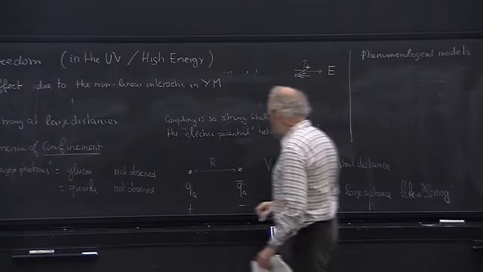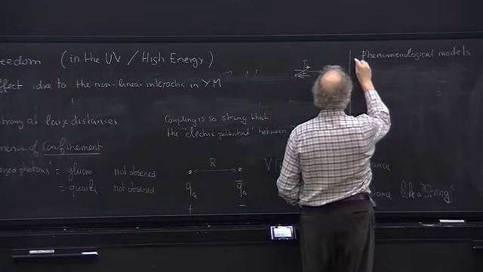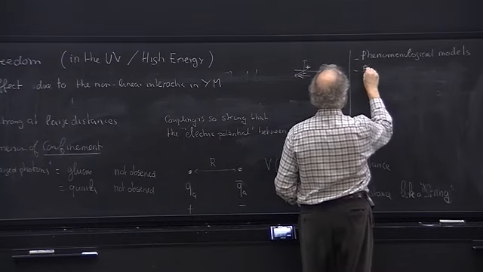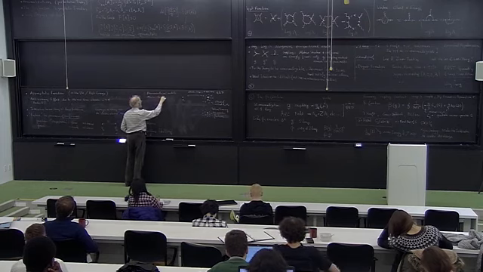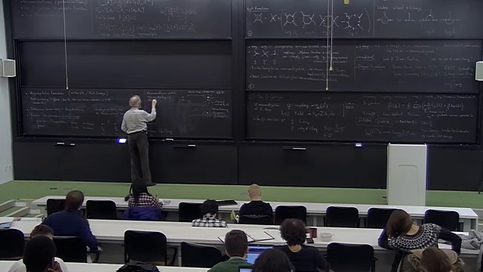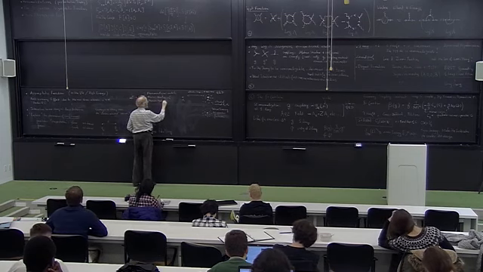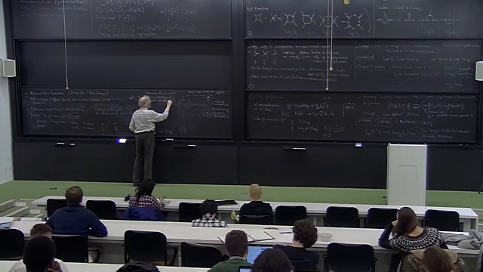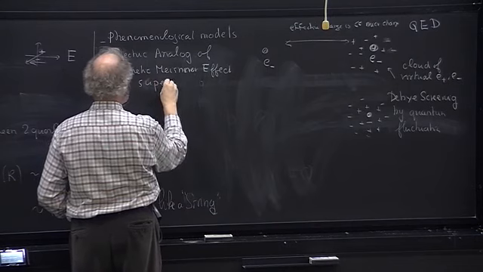For instance, you have a model which states that this is the electric analog of the magnetic Meissner effect in superconductors.